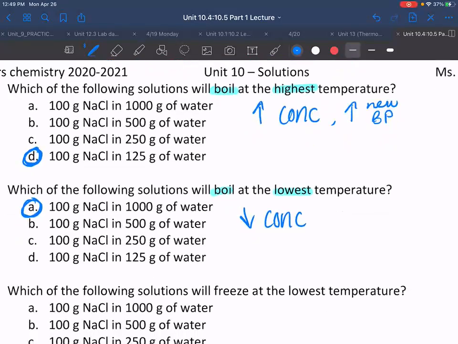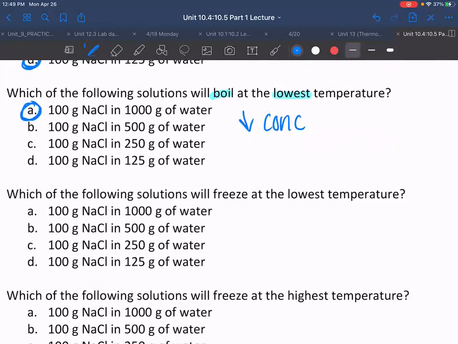What if I ask about freezing now? We want it to freeze at the lowest. Are we looking for a high or low concentration? High. So whatever direction, so you think of freezing being cold, the colder you want to get, the higher the concentration. If you're boiling, the hotter you want to get, the higher the concentration.